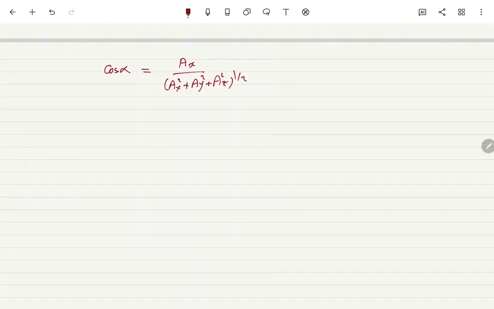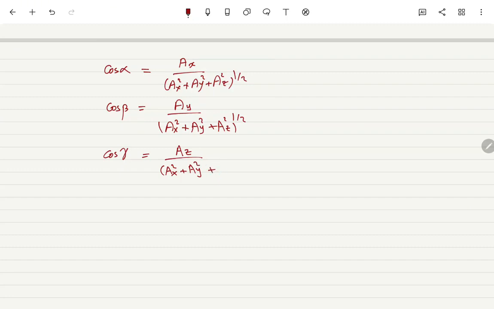And if we follow the same procedure, cosine beta equals ay divided by (ax squared plus ay squared plus az squared), all to the power half, and cosine gamma equals az divided by (ax squared plus ay squared plus az squared), all to the power half.